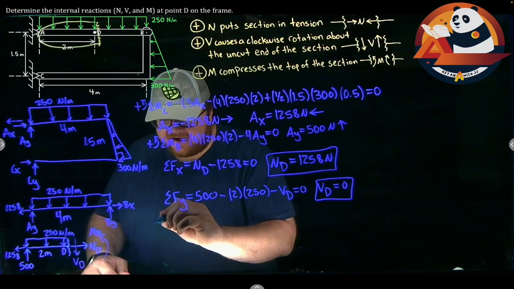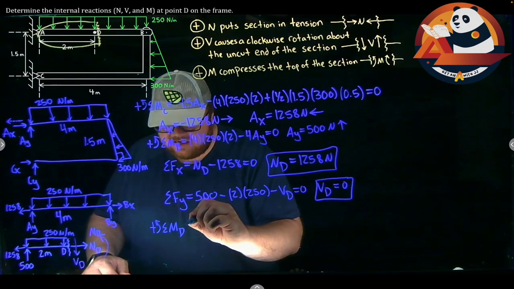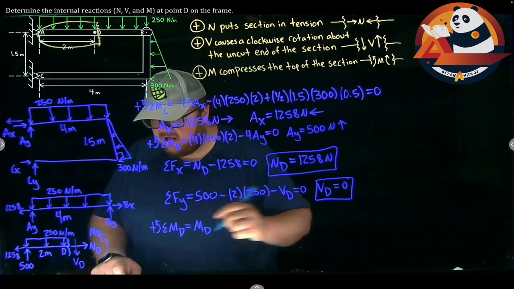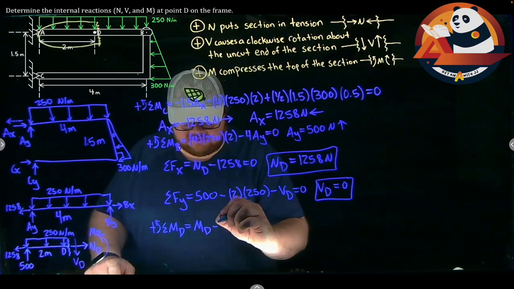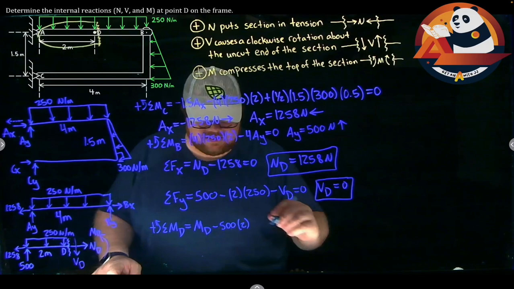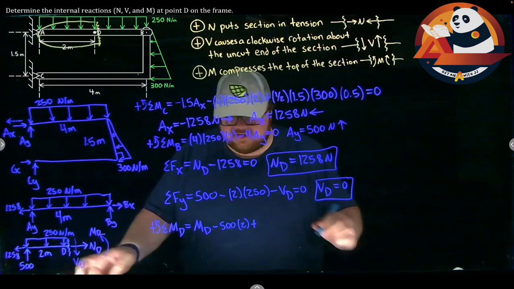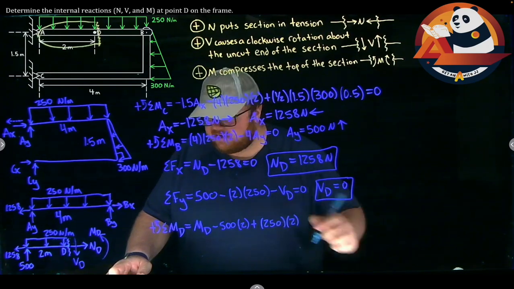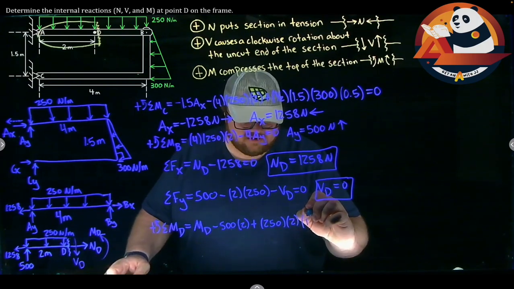Let's come in and find MD. So I'm going to say with positive going counterclockwise, let's sum up our moments about point D. As I do that, I have my internal moment, MD, going counterclockwise. My 500 will cause a clockwise rotation, so minus 500 times 2, force times distance. My distributed load will cause a counterclockwise rotation. So plus area, 250 times 2, base times height, times the distance from D to the middle of that rectangle, which is half of 2, or just times 1.